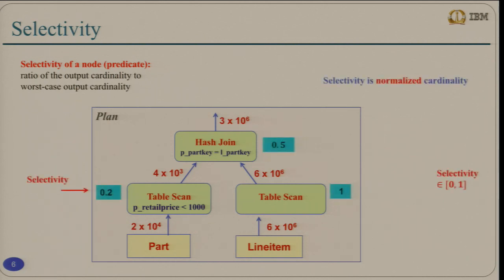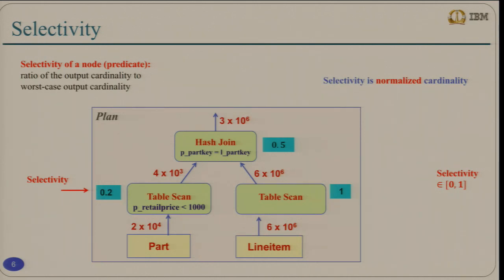In this example here, you started with a parts table which had this many rows, and it only produced that many rows. So the selectivity of that is 0.2, because it could have potentially produced all these rows, but it only produced a small subset. Similarly, the join could have produced that larger table, but it actually produced half of that table. So the selectivity is half.